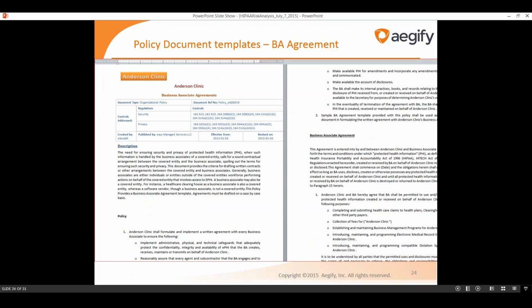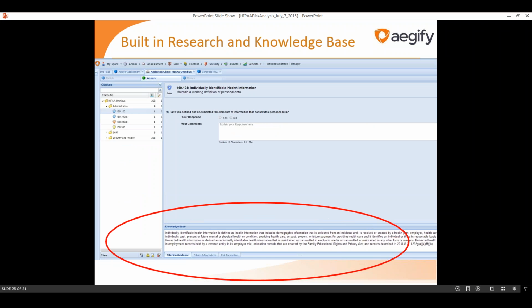There's also a built-in knowledge base, as I mentioned earlier, that has complete policy templates and procedure templates that you can leverage. So for the BA agreement, for example, there's a template there that you can use. There's a built-in knowledge base that has industry best practices. It's got risk parameters.